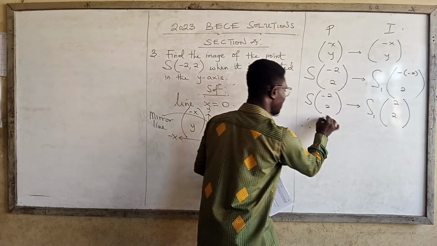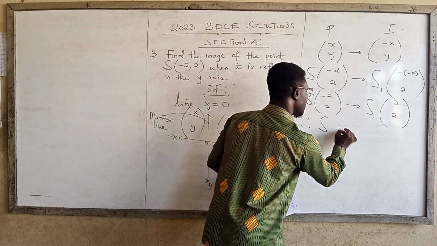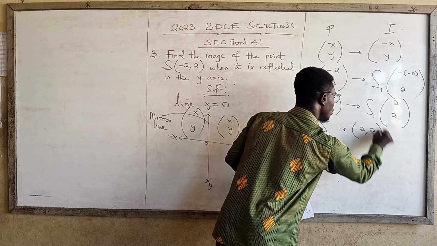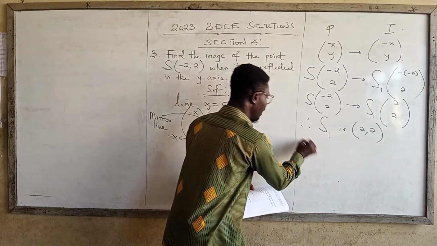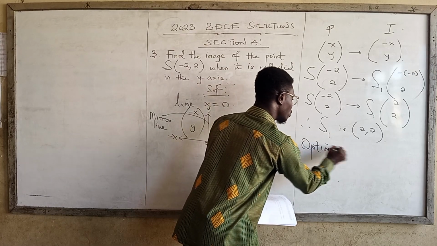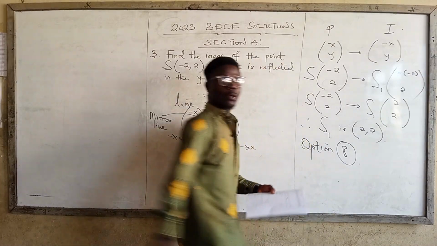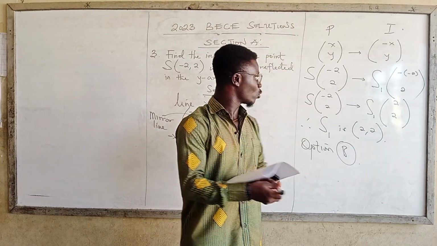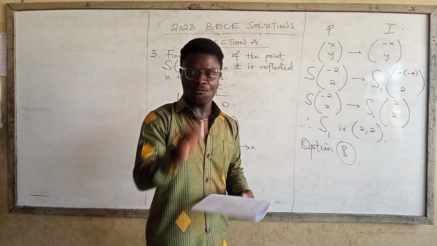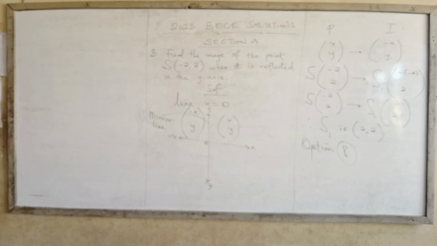Therefore, my S image is (2, 2), which is option B. Let's move on to question 4.